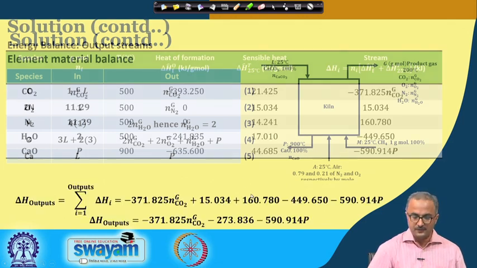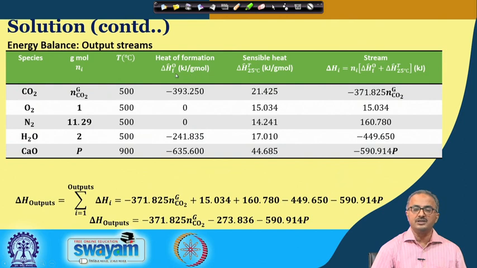So after this, we put all these values from the literature, heat of formation, sensible heat, and sensible heat as you know we have found it out by the integration of the CpdT, and this is the total heat change for the output streams, and these are pretty straightforward, and since I have explained these things to you in the earlier problem, I am not going into detail of these.